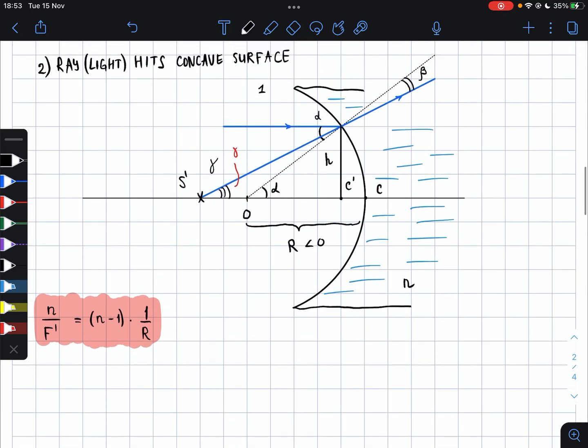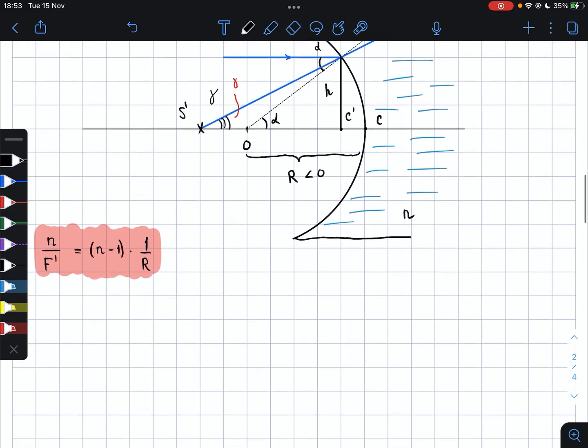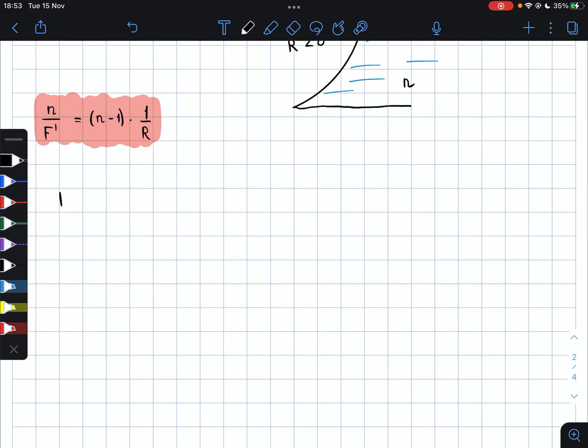Because our surface is concave. Now let's write it down. If light or ray hits a convex surface, the radius of the curvature will be a positive number.